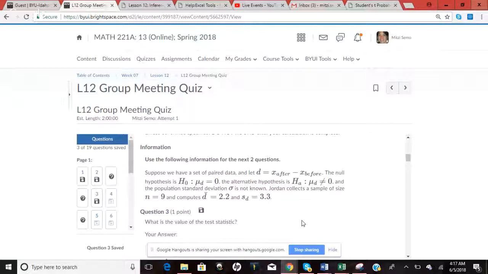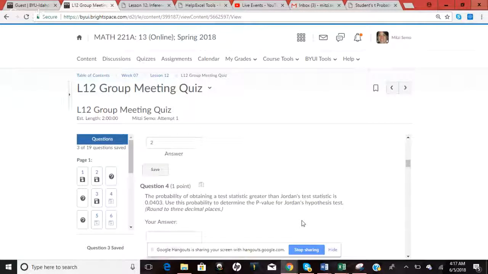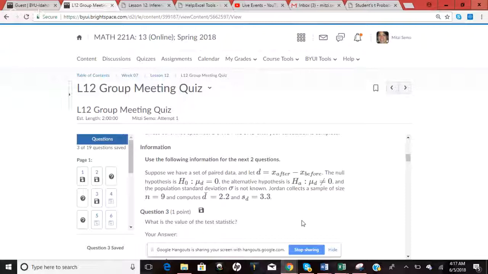Jordan collects a sample size of n, computes D. Okay, the probability is... Okay, so D is, we know that it's after minus before.